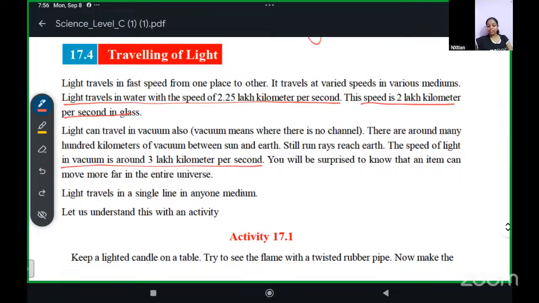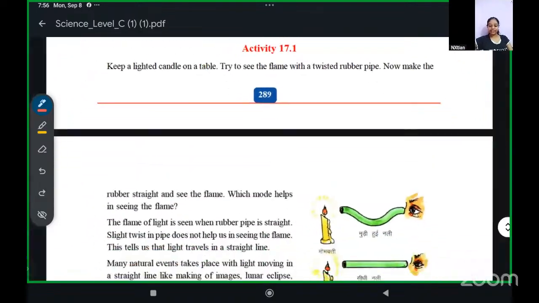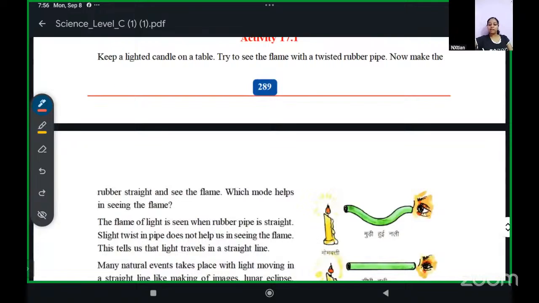Light travels in a single line in any medium. Medium means it can be water, glass, or vacuum. It travels in a straight line. Keep a lighted candle on a table.